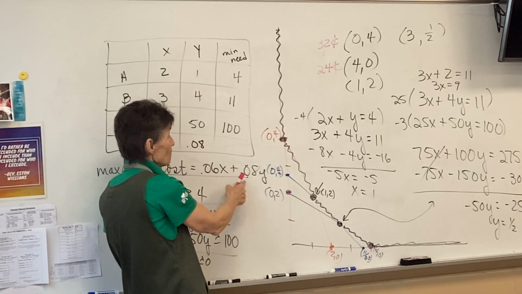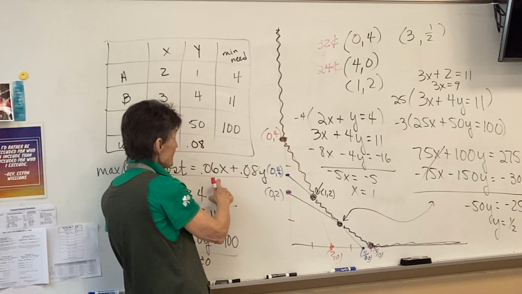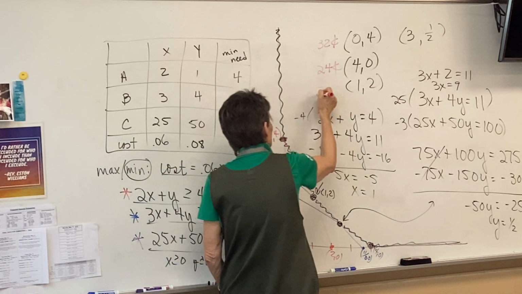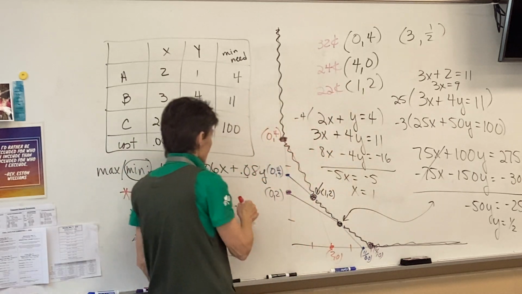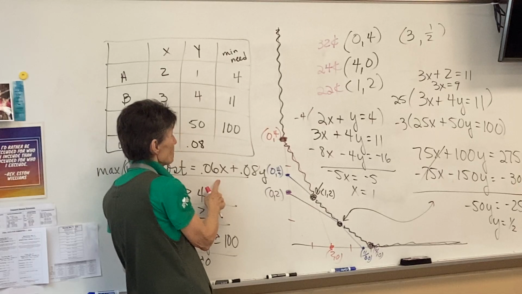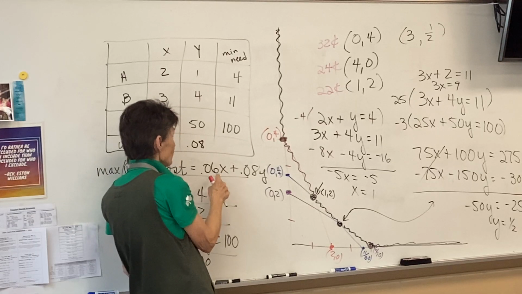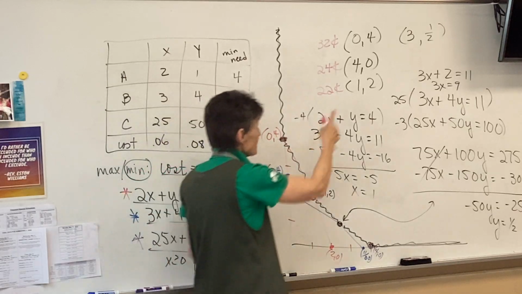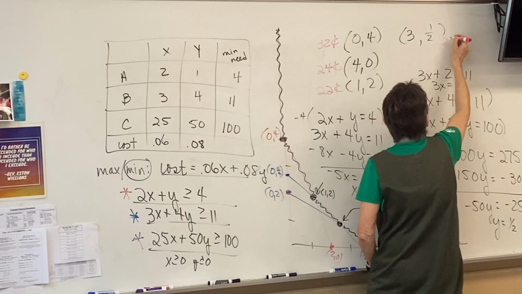If I do 1 of these and 2 of those, 22 cents, 16 and 6. If I do 3 of these, that's 18, and half of that, that's 4. That's another 22 cents.